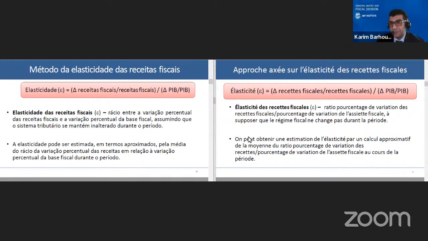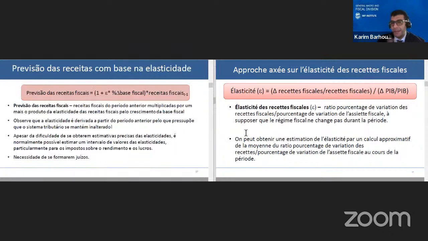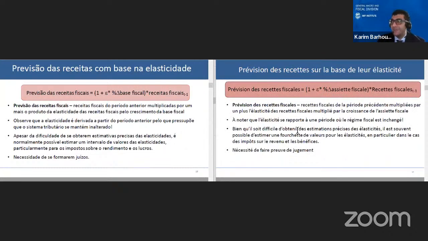Another important thing to highlight is that the elasticity approach allows revenue to grow faster or more slowly than the tax base, and we will see whether it is greater than 1 or lower than 1. Okay, so now in concrete terms, I have to admit that a precise estimate is very hard to obtain here, because we can have some statistical discrepancies, and we can also suffer from incomplete coverage of data.